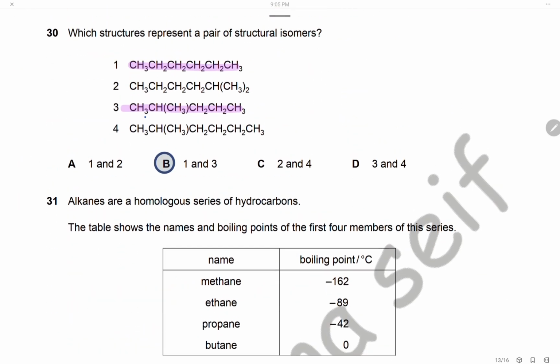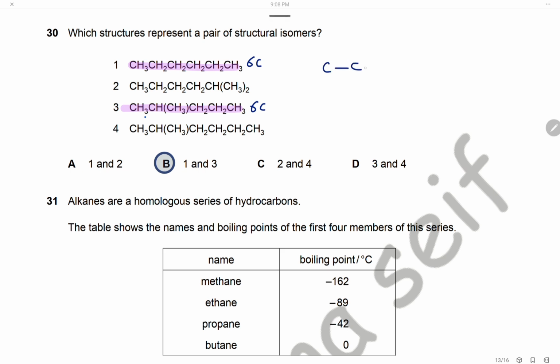Question 30. Which structures represent a pair of structural isomers? So let's first count the number of carbon atoms. Compound number 1 has 6 carbon atoms, and compound number 3 has 6 carbon atoms also. Let's draw the structure.